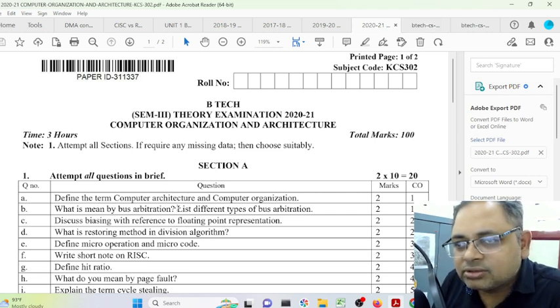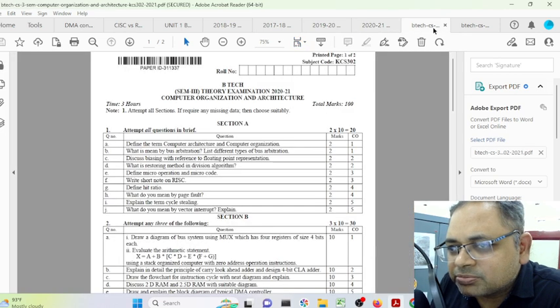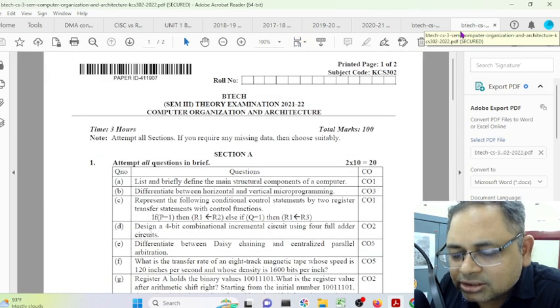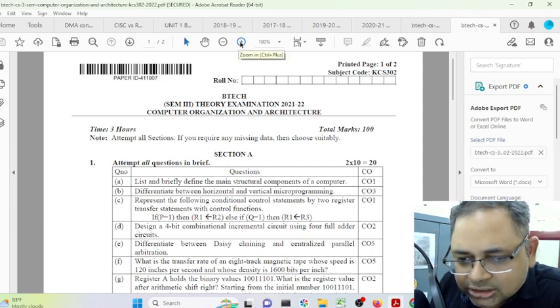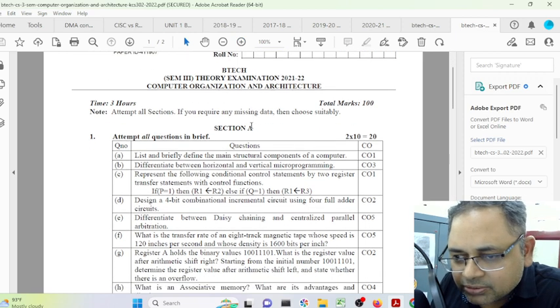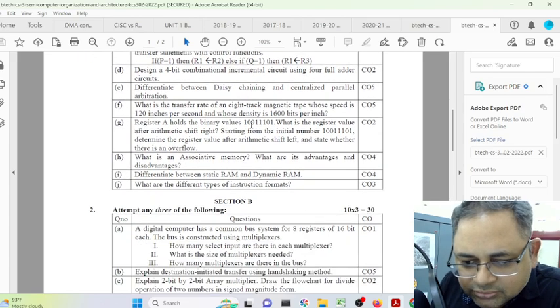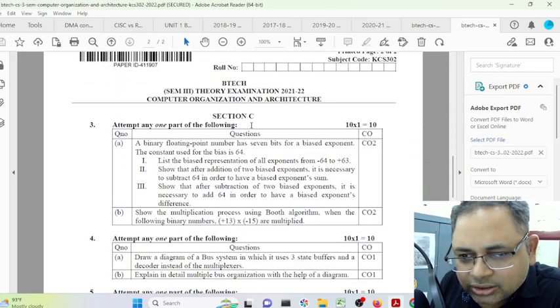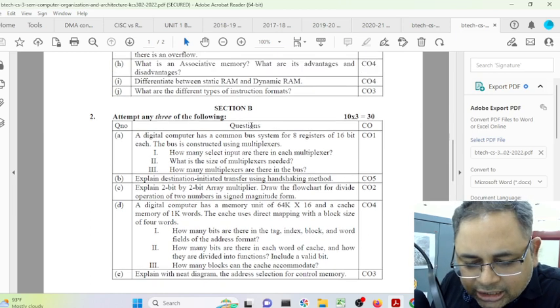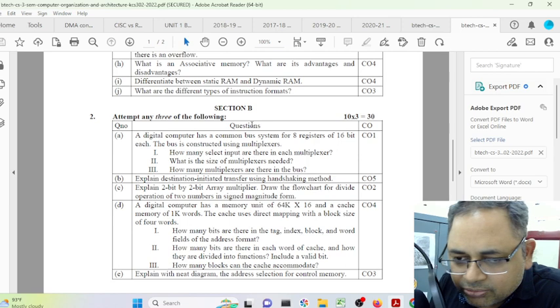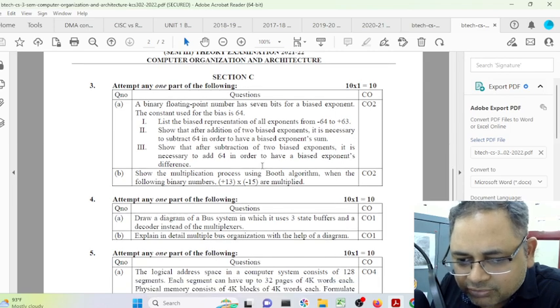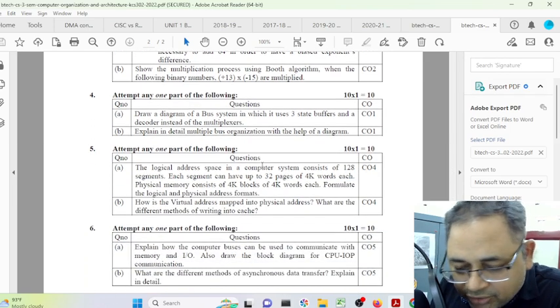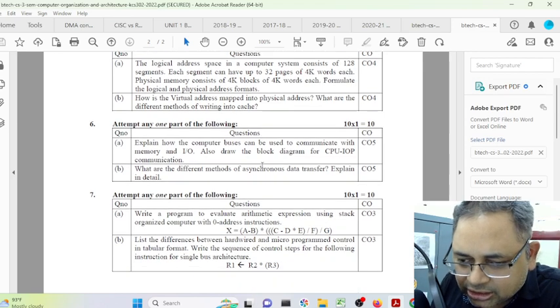You can see that in Ikis, AKTU was asking the questions. The pattern was that question number 1 is of 2 marks, 10 questions, and then question number 2 has 4 questions, and you have to attempt any 3, and then question number 3 attempt any 1, then 4 attempt any 1, 5 attempt any 1, 6 attempt any 1, 7 attempt any 1.